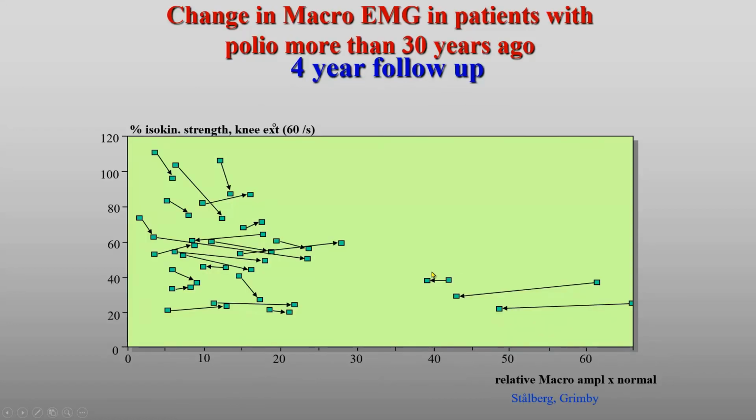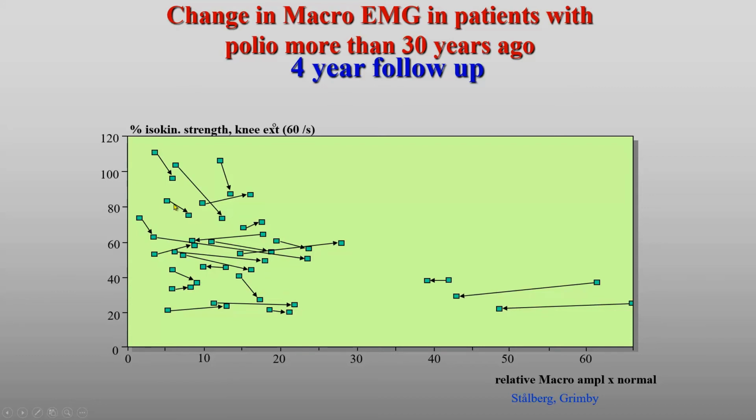We have followed patients over a few years. Here we have a 4-year follow-up. And you see as an example that this patient, his motor unit was 10 times the normal size, and next time after 4 years it's 15 times normal. Here's another, 11 times, and now it's more than 20 times.